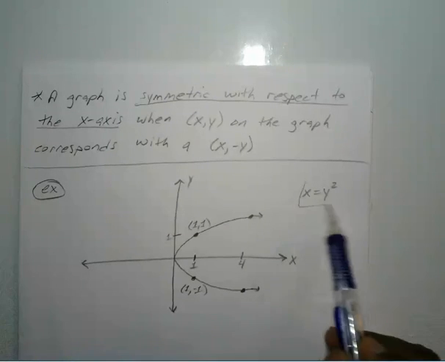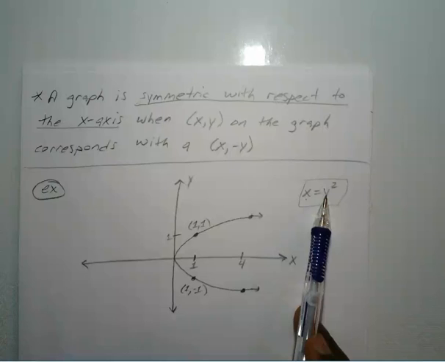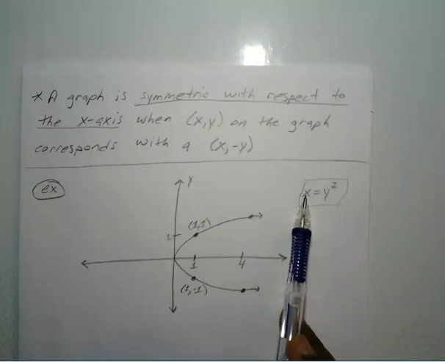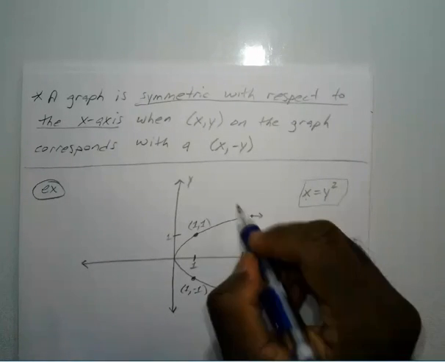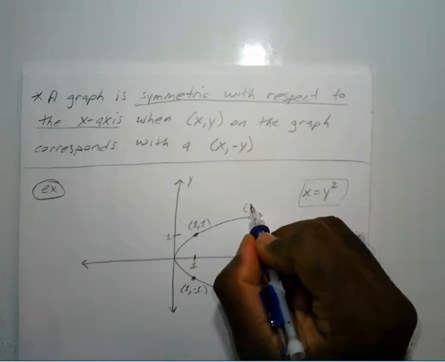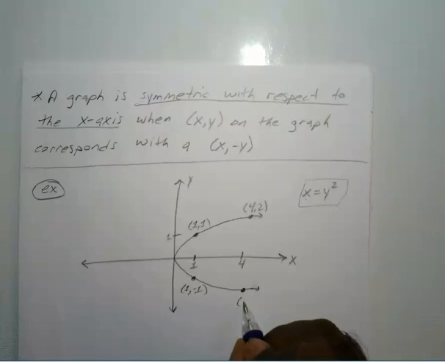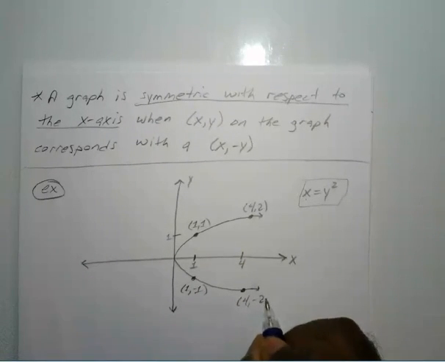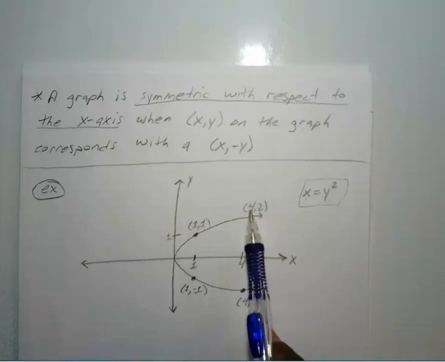If you look at this equation, if x equals 4, that means y can equal either positive 2, because 2 squared is 4, or negative 2, because negative 2 squared is also 4. That gives you the points 4, 2 and 4, negative 2. When x is equal to 4, y can equal negative 2, or y can equal 2.